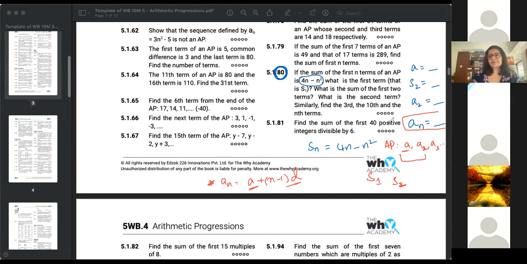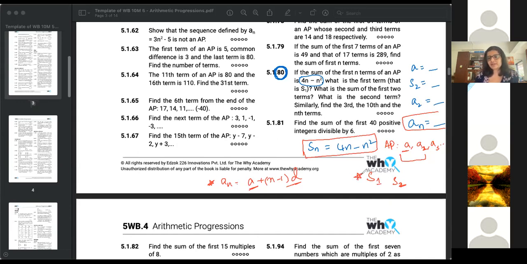From now onwards, if you get any question where you have an expression for Sn and you need to find anything at all, like finding A50, or they ask you to do something like A48 minus A35, whatever the case is, this is how you figure out the AP.